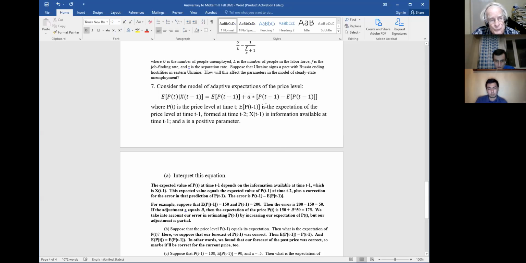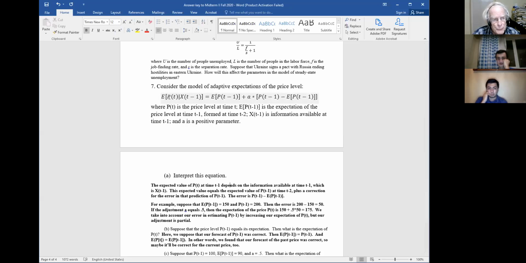So, for example, suppose that in 2018 we had anticipated a very low price level, no inflation. But in reality, the price level last year turned out to be very high. In that case, we realized that we had underestimated the price in the past, and therefore we will raise our expectation of the price next year.